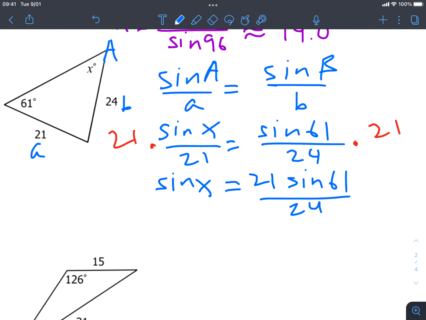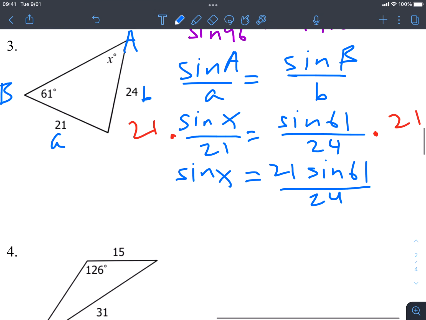Now, this is where it gets a little tricky. Because I could find 21 times the sine of 61 divided by 24 in my calculator, but I have to do one extra step, which is when I want to find my angle x, which is here, x degrees, I need to use my inverse trig functions, specifically in this case, inverse sine or arc sine.